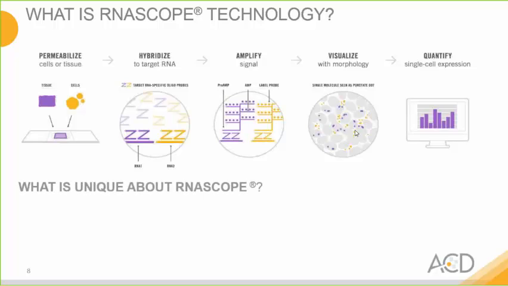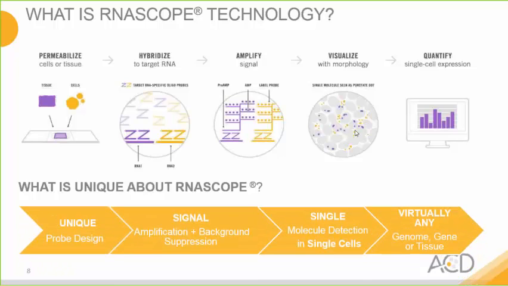What is then unique about RNAscope? It's really its probe design. In IHC and traditional ISH, high signal-to-noise ratio is the number one desirable feature. The unique probe design of RNAscope technology allows signal amplification and background suppression at the same time.